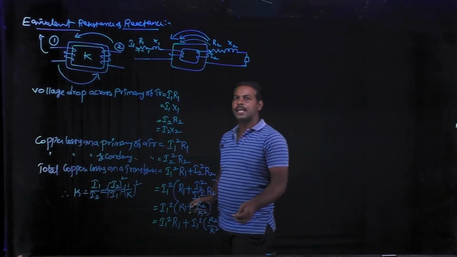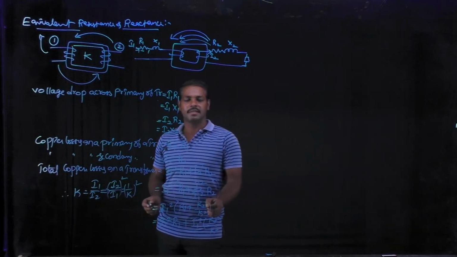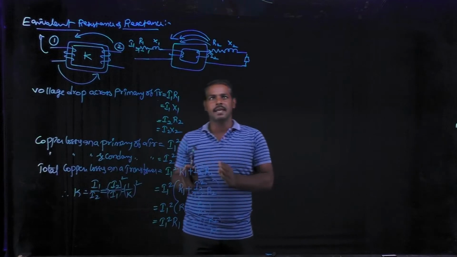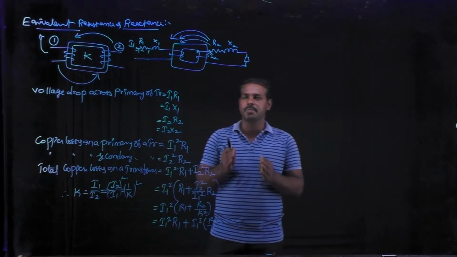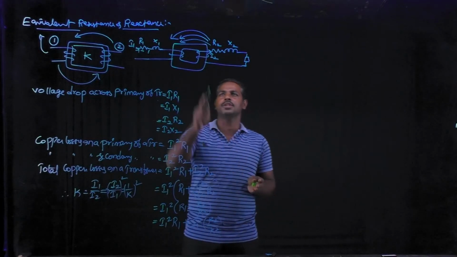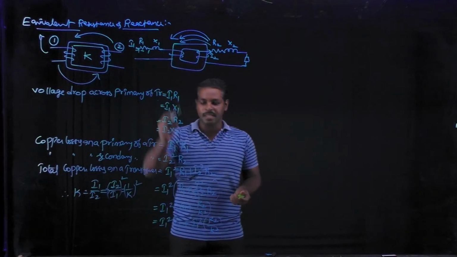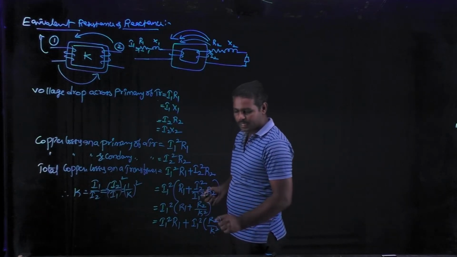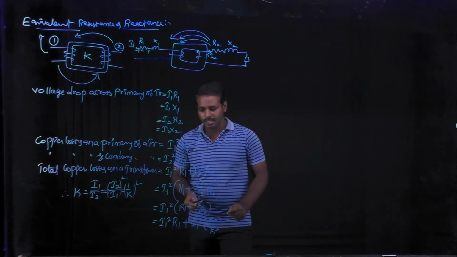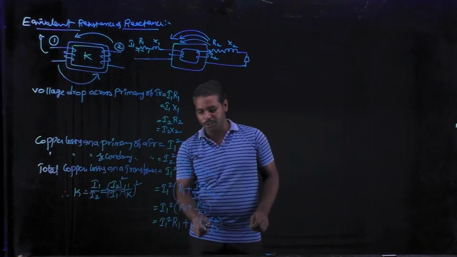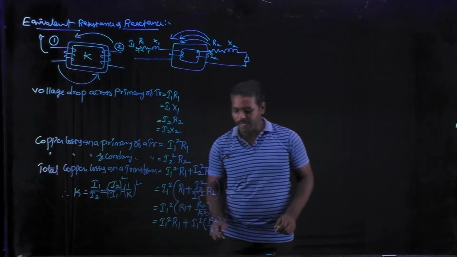The performance of a resistance should not change from the secondary to the primary side. Whatever behavior is exhibited on the secondary side, the same function is performed on the primary side, so the resistance is changed to R2 divided by K square.